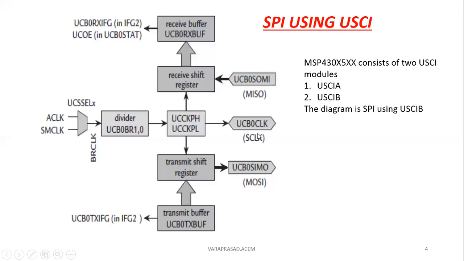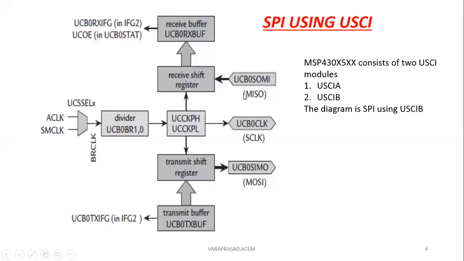And similarly here we have UCB0 CLK for the clock. And similarly serial slave in, master out, slave in. These are the three pins, and one pin, SS, the slave selection pin, is not shown. Okay, this is the 4-pin SPI using the USCI module.